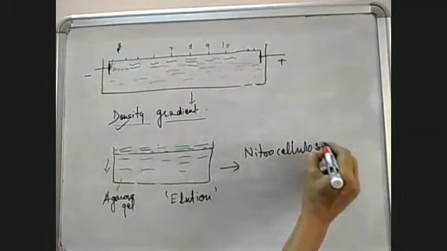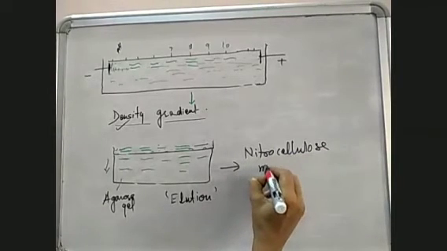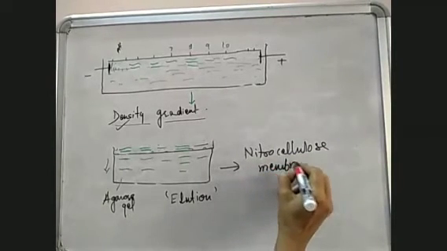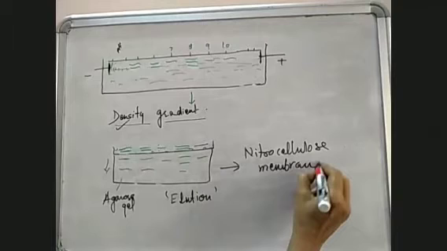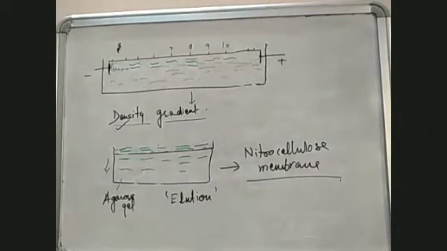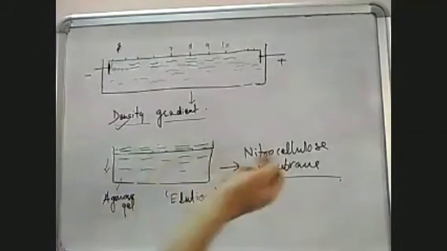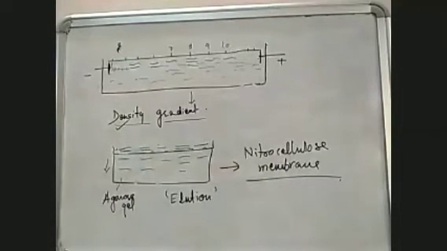This nitrocellulose membrane is stable and doesn't decay or get spoiled for a long time. So the DNA fragments can be stored for a long time if they are transferred from here to the nitrocellulose membrane. So this is a way of storing the DNA fragments. Suppose some plants or some animals are extinct, we can store their DNA like this.